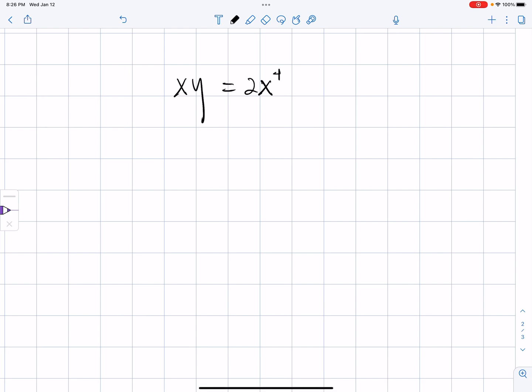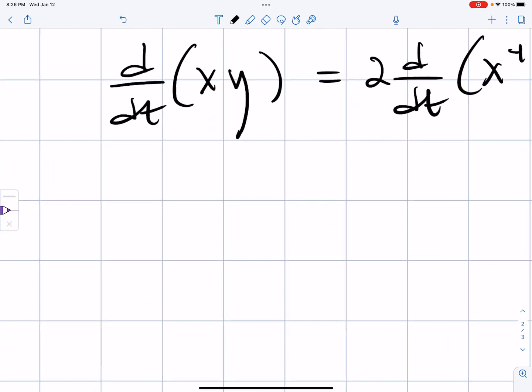Okay, so if we want to differentiate with respect to t, we show that we're differentiating with respect to t. We could pull the 2 out. You could leave it inside the parentheses or pull it out. It's your preference. On the left-hand side, we have a product.